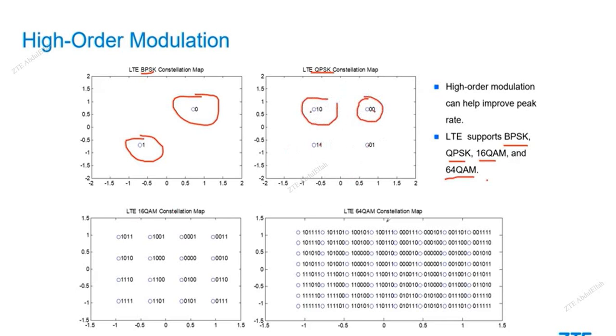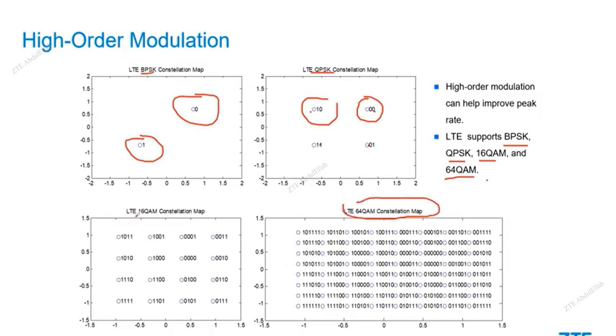And for 16-QAM and 64-QAM, 4 bits per symbol has 16 different types, so using only phase is not enough. Here we use phase plus amplitude to represent them, and 64-QAM also uses phase plus amplitude.